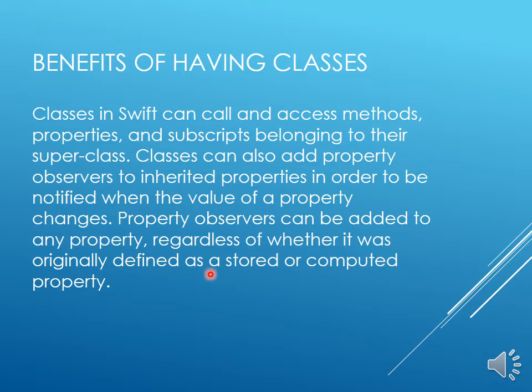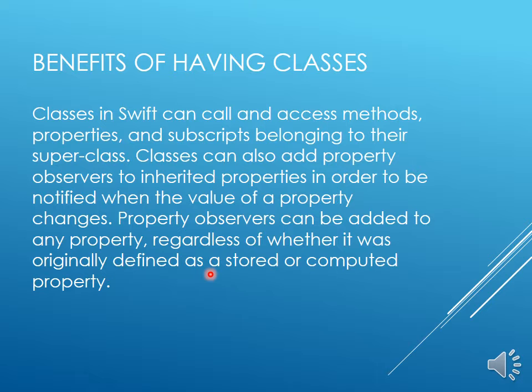So what are the benefits of inheritance? Classes in Swift can call and access methods, properties and subscripts belonging to their superclass. For example, when we inherit different subclasses from our main class, those subclasses can use the properties, methods and subscripts of the superclass, and can also modify those functions.